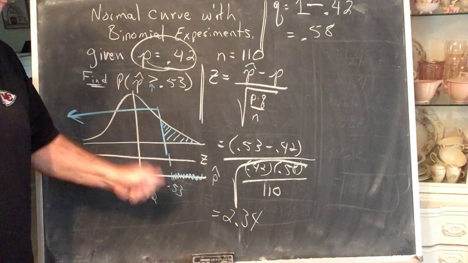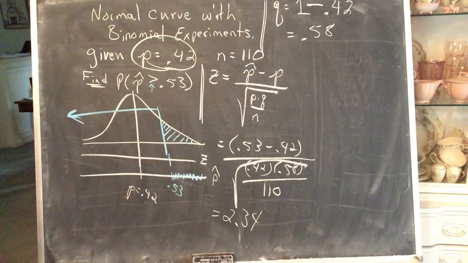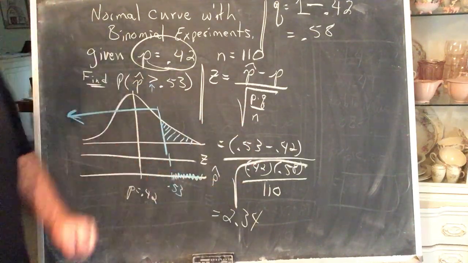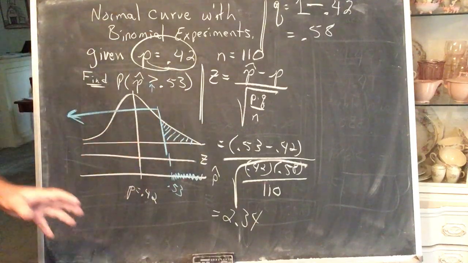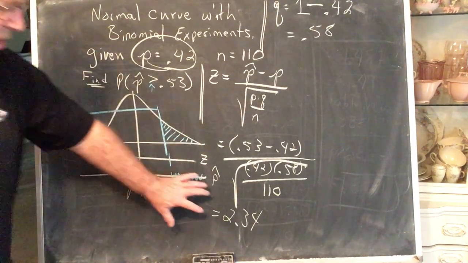Remember, if you are off in the last decimal by just a bit, I will be forgiving of that. If you round in a different place than I did, you might slightly get a different rounding result than what I did. That's fine. As long as you have 2.34, 2.33, 2.36, something close to that, you're going to be good to go.